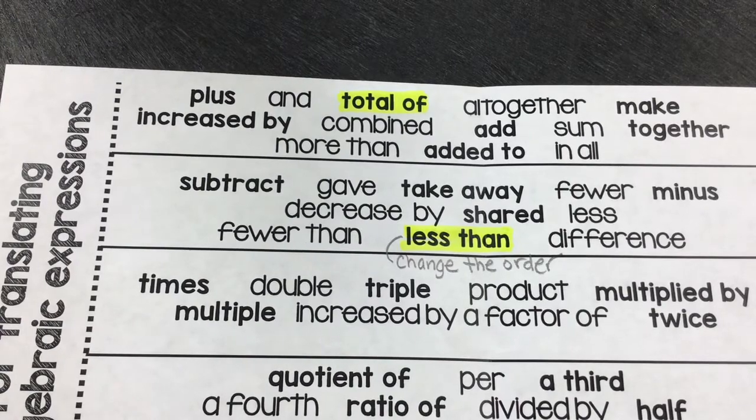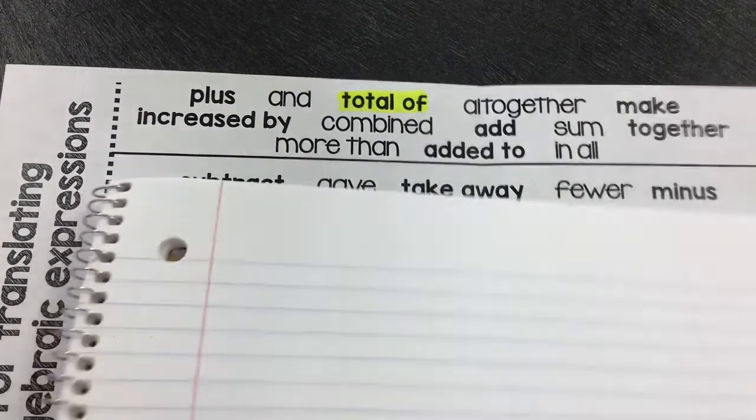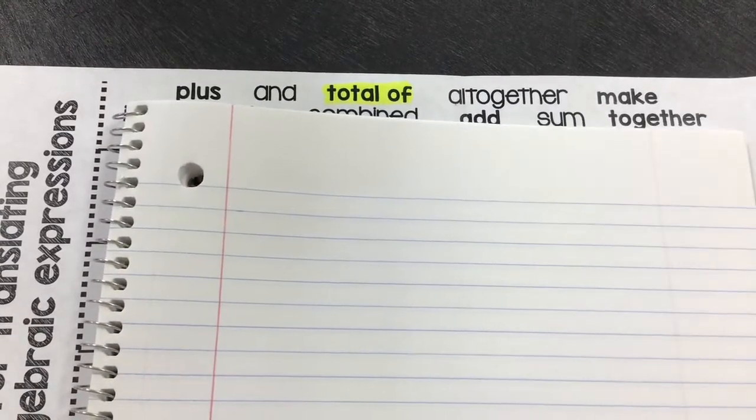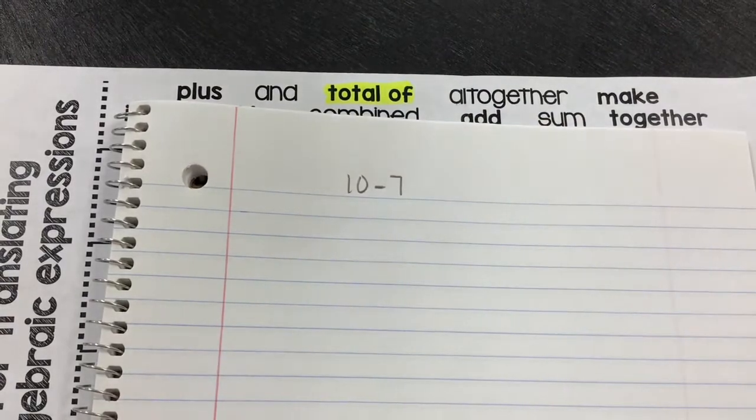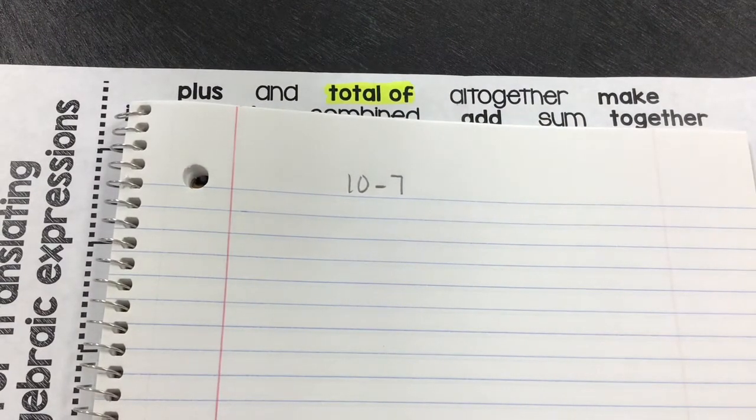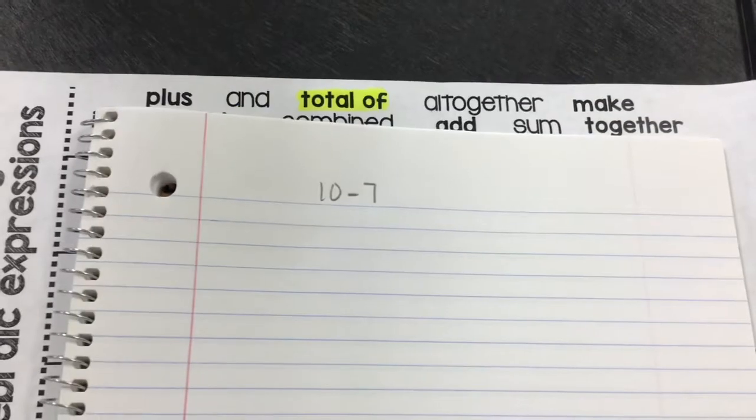You don't have to write this down, but I'm just going to give you an example of what I mean. When you write 10 minus 7, it's easy when you use the word minus, but when you use the word less than, we have to change the order.